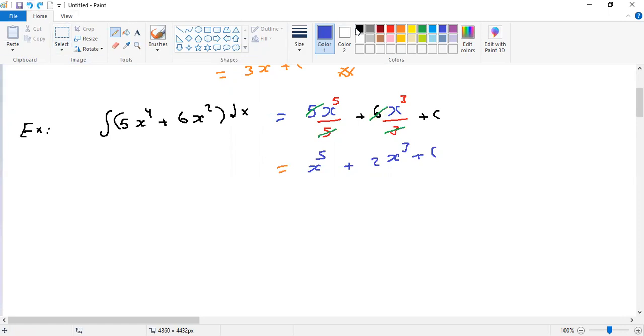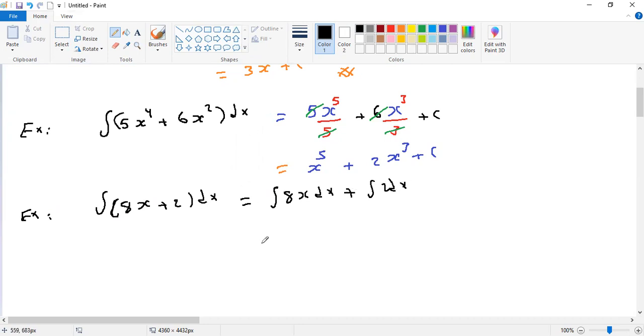Another example. We have the integral of 8x plus 2 dx. Now the integral of the sum is the integral of the first plus the integral of the second, one by one.